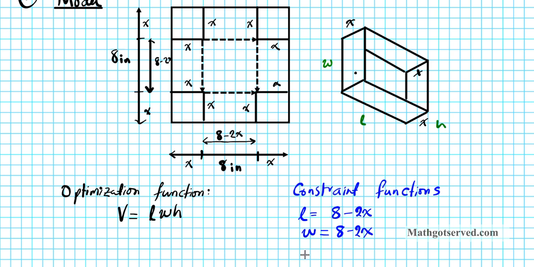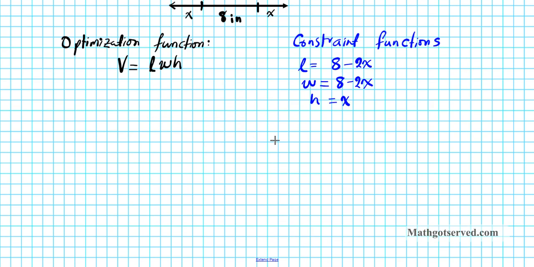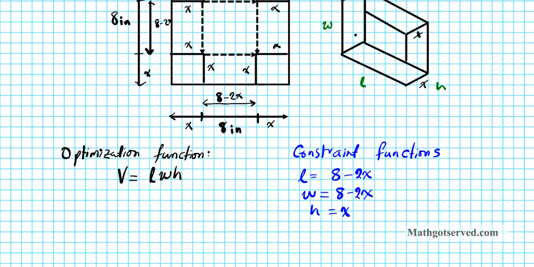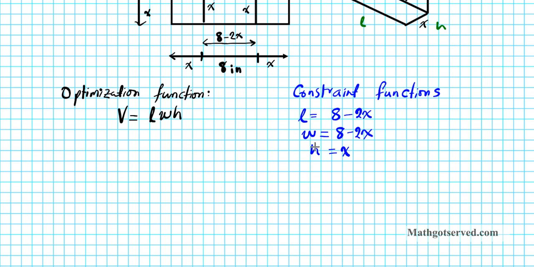So the height of our box is given by x. So there we go, this is our model. We have a diagram, and then we have four functions that we're going to unite together to solve the problem. All right, let's move on to part two.